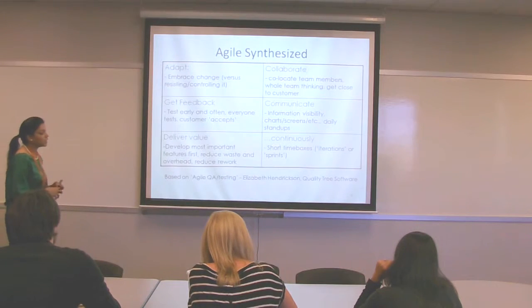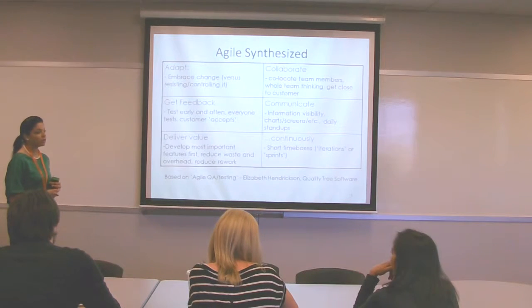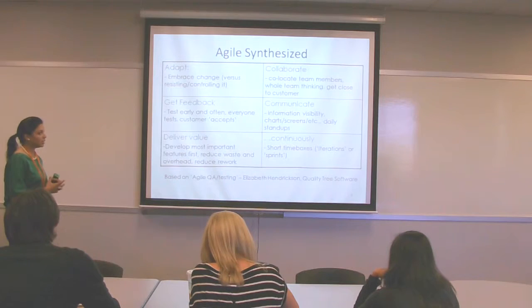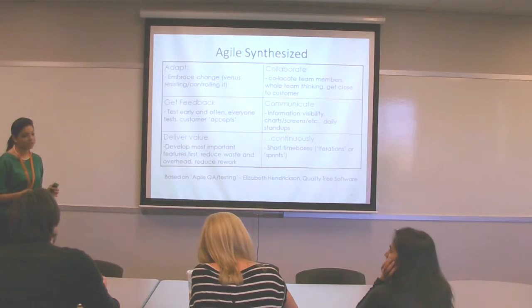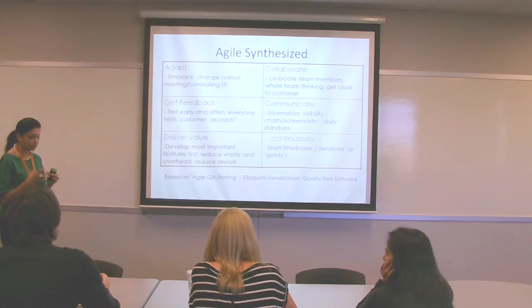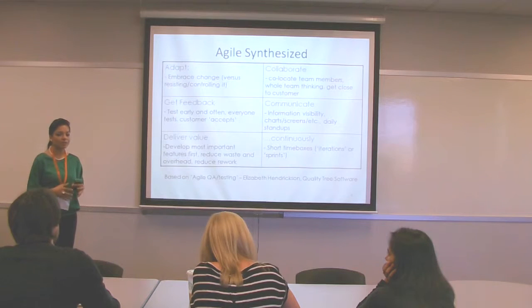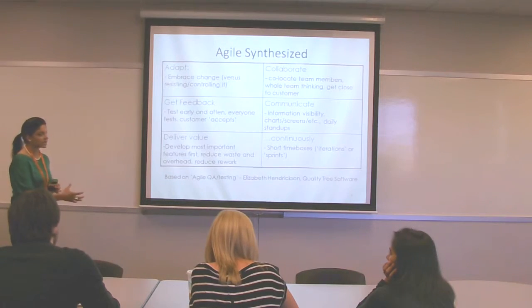Communicate. Communication is very, very important in Agile teams. In the traditional model of software development, we can get by with less communication because the current model is so process driven that even if we skip communication, the process may take us to the next step.